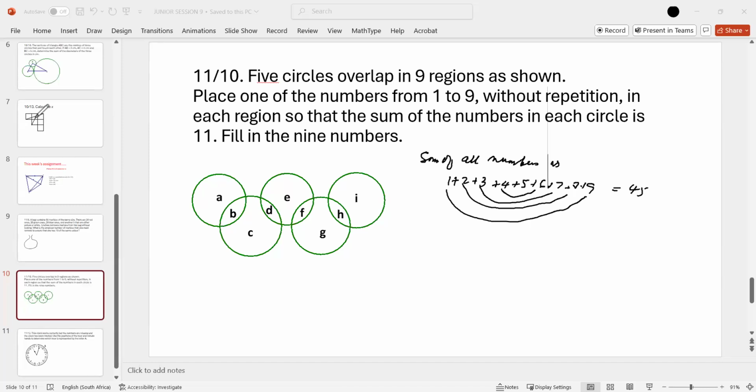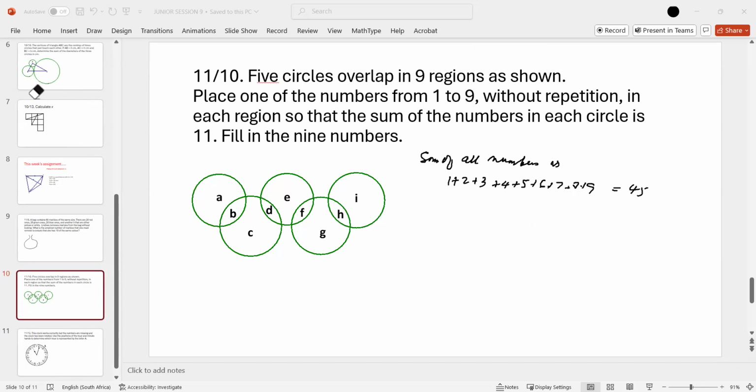Now, the other thing about this is that each circle has got 11. It adds up to 11.